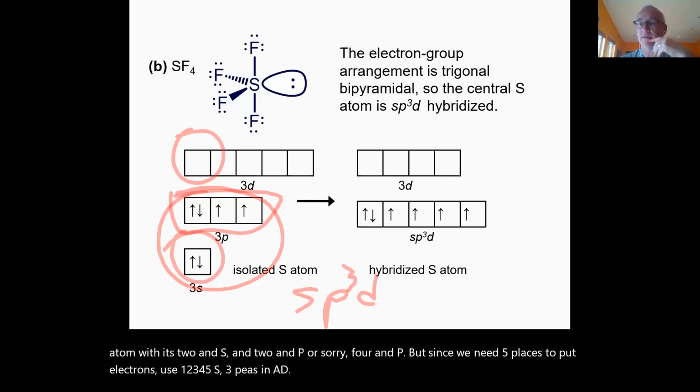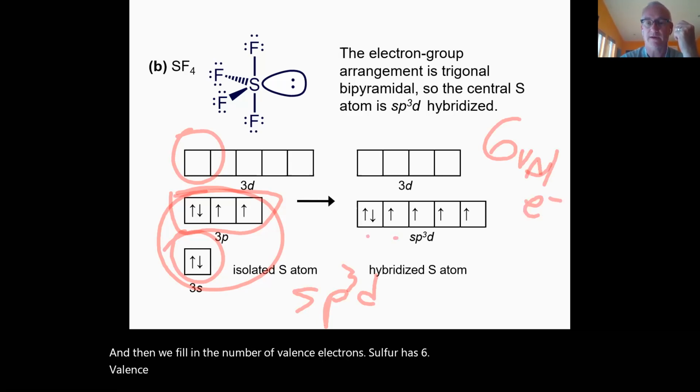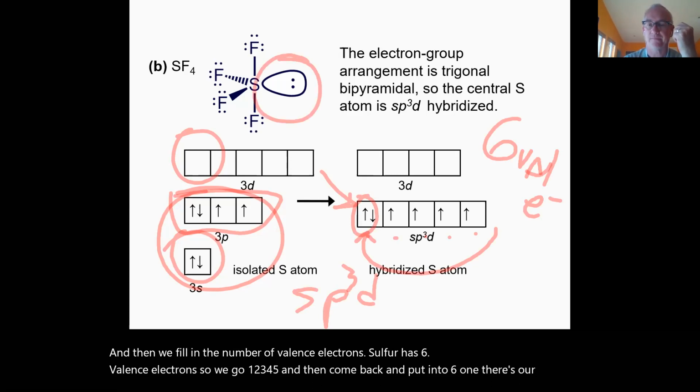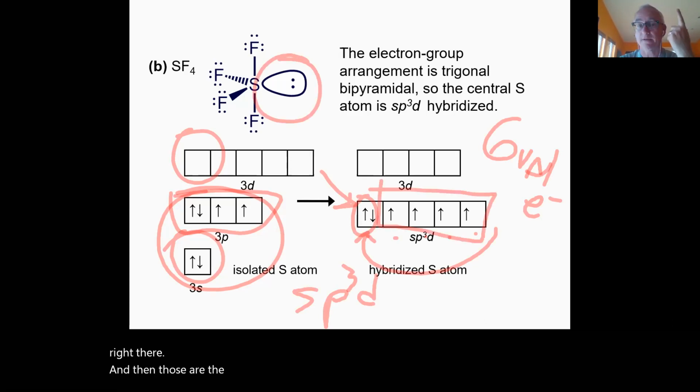And then we fill in the number of valence electrons. Sulfur has 6 valence electrons, so we go 1, 2, 3, 4, 5, and then come back and put in the 6th one. There's our lone pair right there. And then those are the 4 electrons that make bonds with the fluorines, okay?